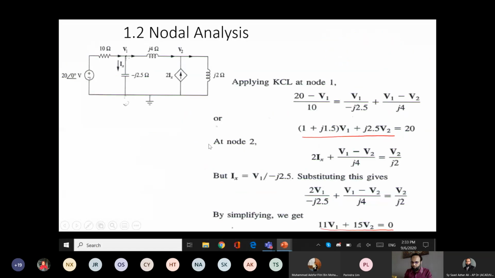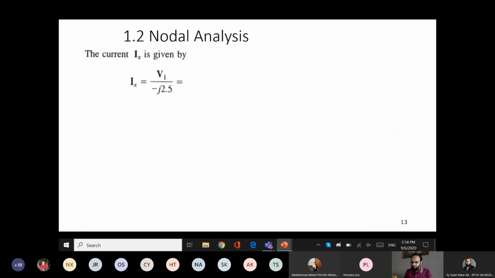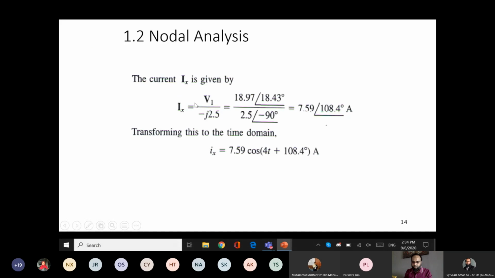Once we have V1, remember Ix is V1 upon minus J 2.5, and we just put the V1 value here. Once we have this, which is in the phasor domain by the way, we convert it back into the time domain.